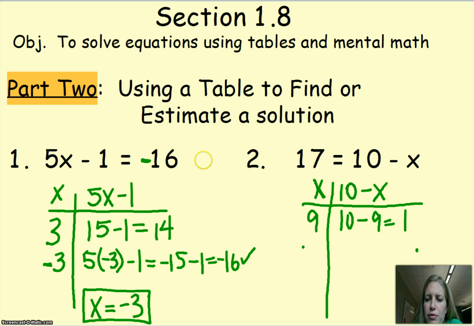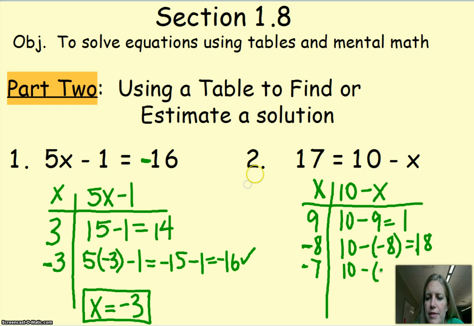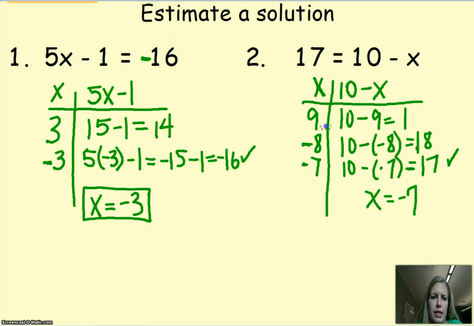So let's do negative 8. 10 minus negative 8 means 10 plus 8, which means 18. Okay, close. So negative 7. 10 minus negative 7 is 17. And there we go. So our answer, x equals negative 7. Okay, so that's part 2. I think that's it for that.